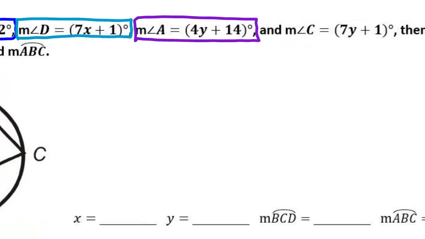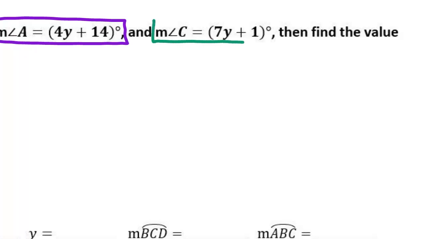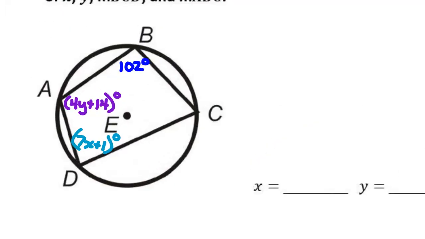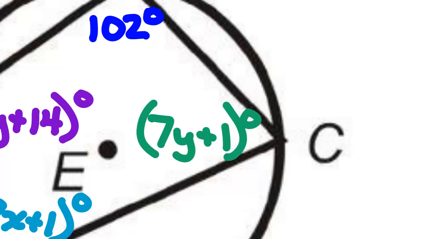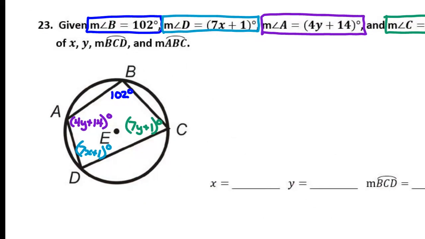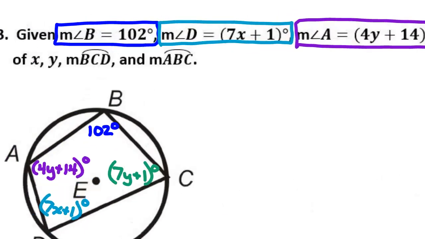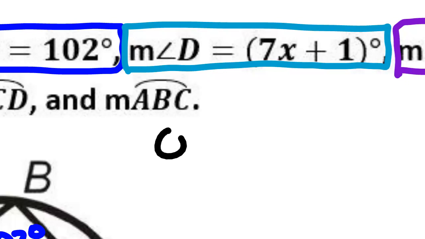And angle C is 7y plus 1 degree. When I have a quadrilateral, which is what this is, a four-sided shape inscribed inside of a circle, opposite angles are supplementary.